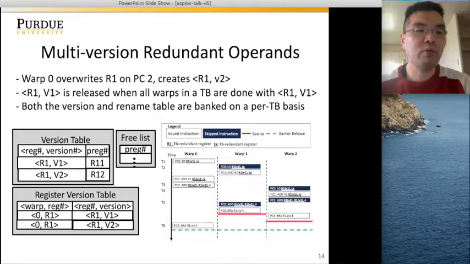Warp 2 uses R1v1 for its source operand because there has only been one write to R1 in warp 2's stream. At T5, warp 1 skips PC2. Since all the warps in the thread block are done with R1v1, it can be released.